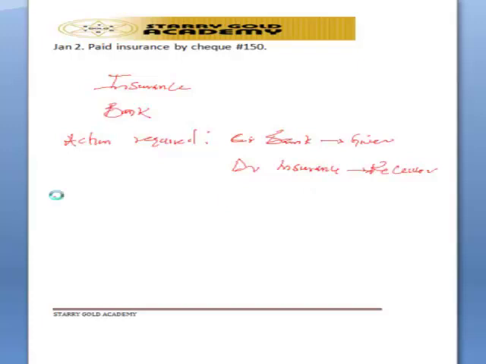Then what is the effect of this on the financial statements? The effect is that as we are crediting bank, remember bank is an asset, which means there is a decrease in assets, and that asset here is the bank account.